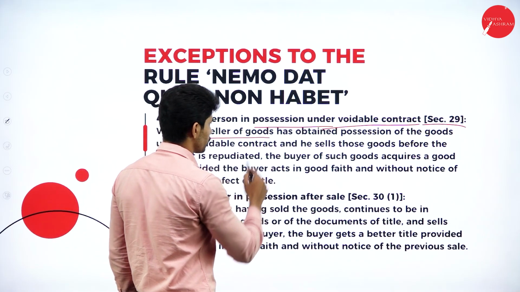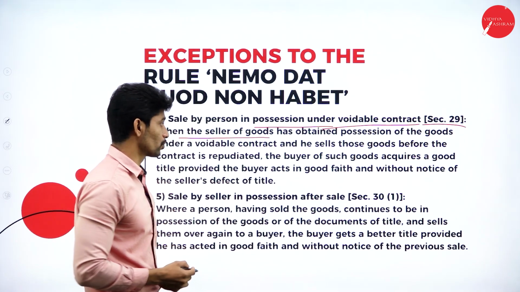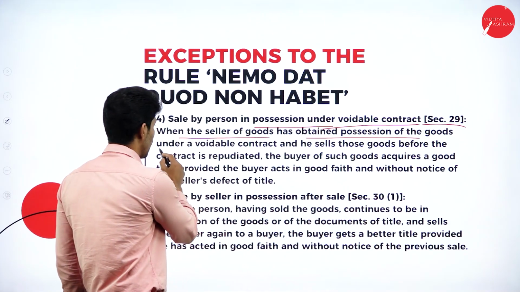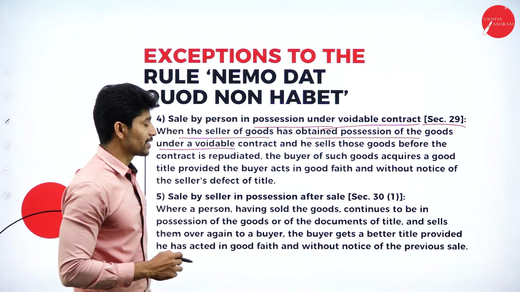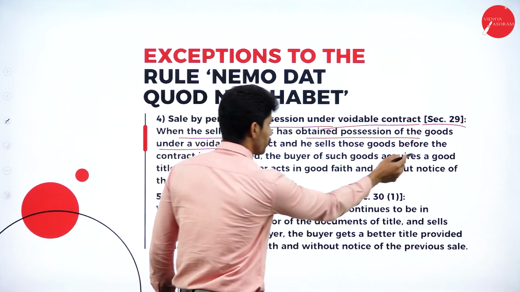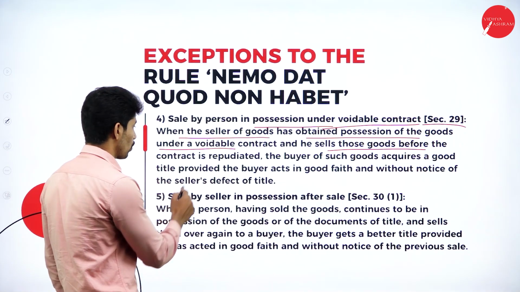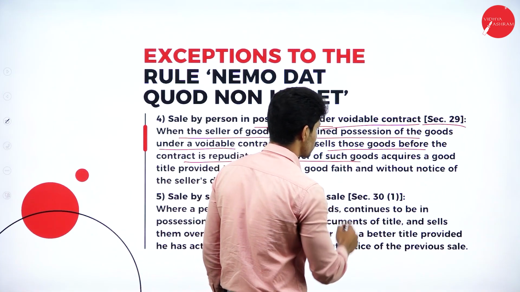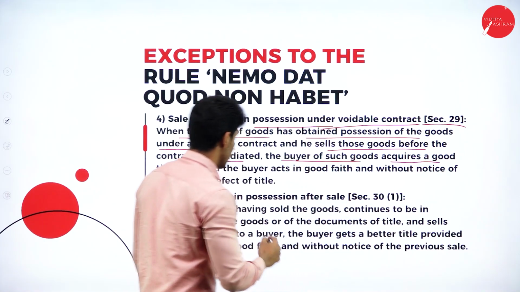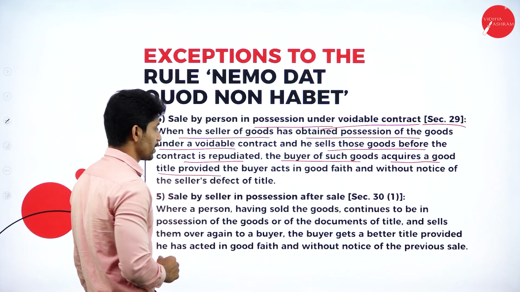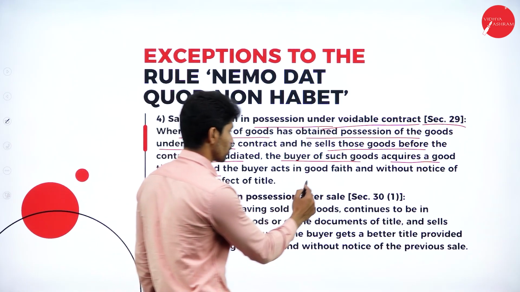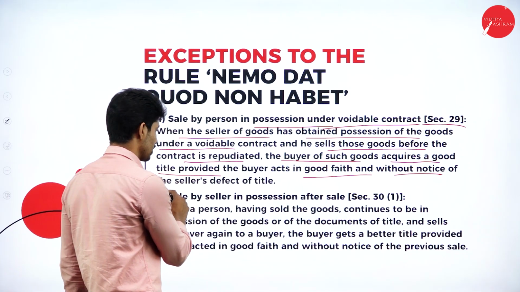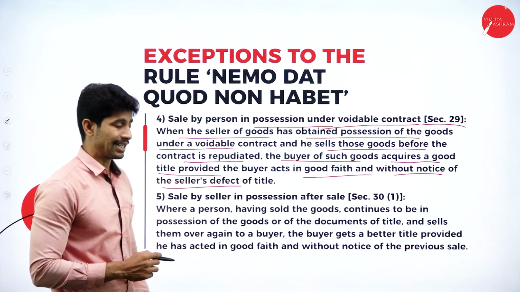When the seller of the goods has obtained possession of the goods under a voidable contract and he sells those goods before the contract is repudiated, the buyer of such goods acquires a good title provided the buyer acts in good faith and without notice of the seller's defect of title.